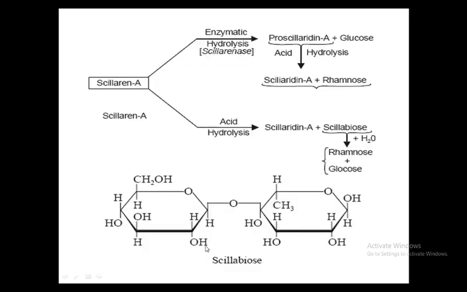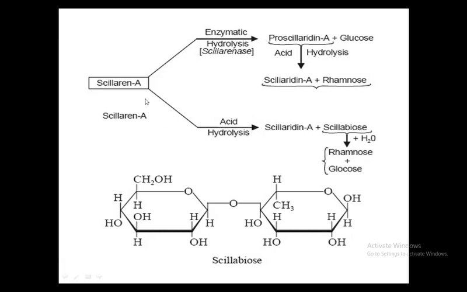Just see the hydrolysis scheme of scillaren. Scillaren A contains a glycone part that is made up of scillabiose. Scillabiose is a sugar made up of two different sugars: first is glucose and second is rhamnose. And the aglycone is scillaridin A. So scillaridin A is the aglycone of scillaren, and the glycone part contains two different sugars.